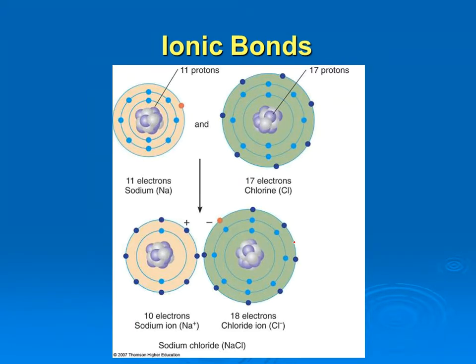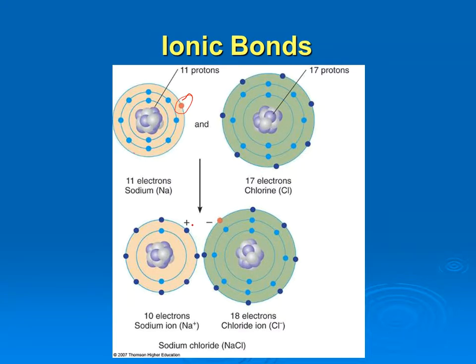Here you see that sodium is very reactive because on its valence shell, it has 1 extra electron that it wants to get rid of. Well, it turns out that chlorine is needing 1 extra electron to stabilize its outer energy level because it wants to have 8 electrons on the outer energy level. Sodium wants to get rid of this one, because if it does, it would have 8 electrons here.